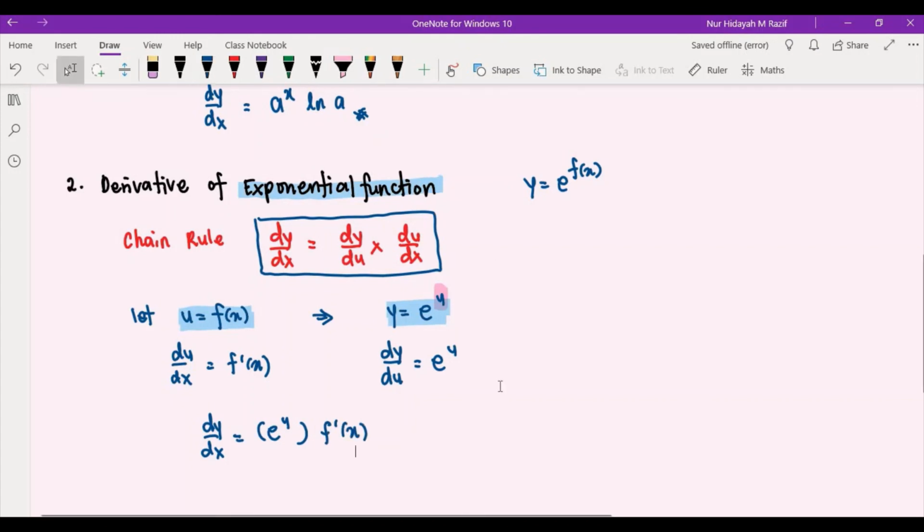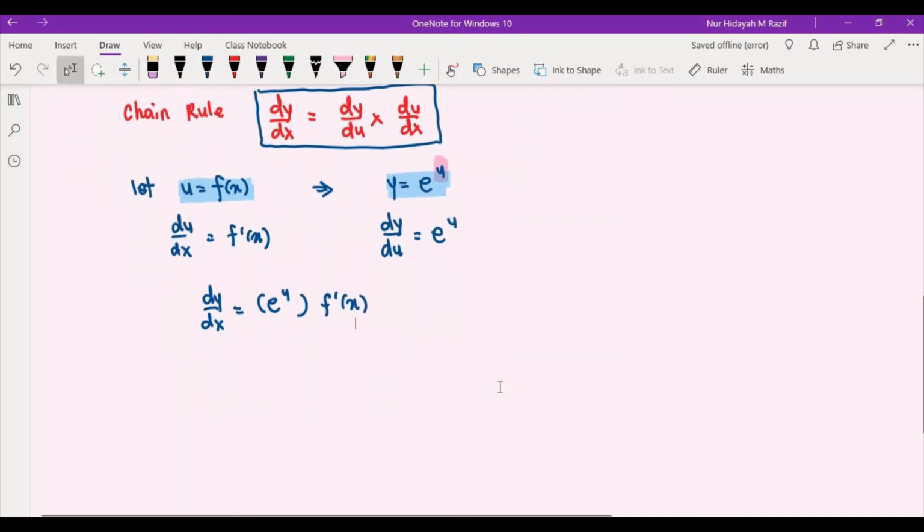I cannot leave it just like that because if I'm finding dy by dx, then I can't have anything in terms of u. So let's change that back into f(x). So you are going to have your dy dx is actually equals to e power of f(x) multiplied by f prime of x, and that is the end of the proof. Thank you.